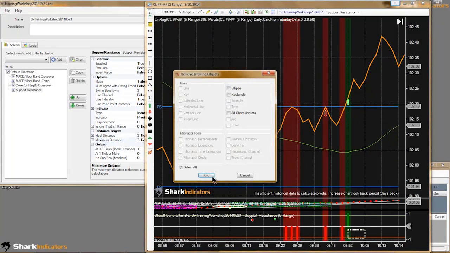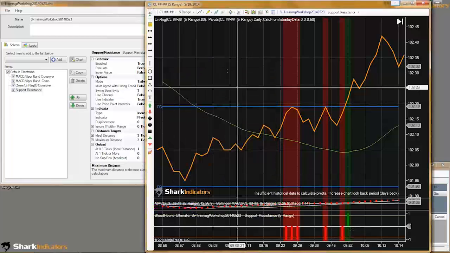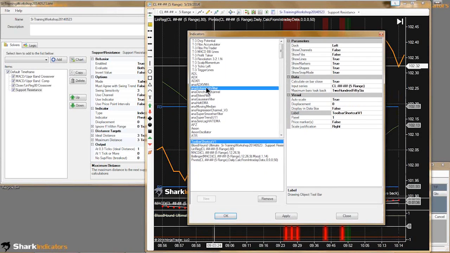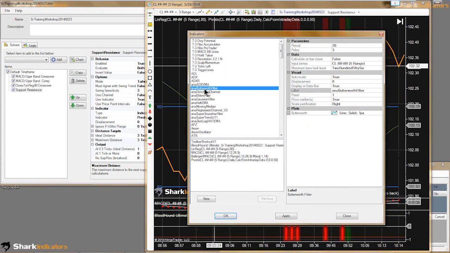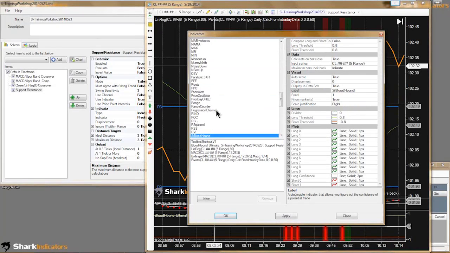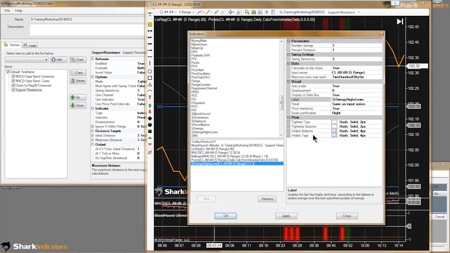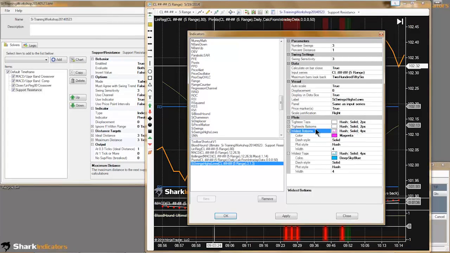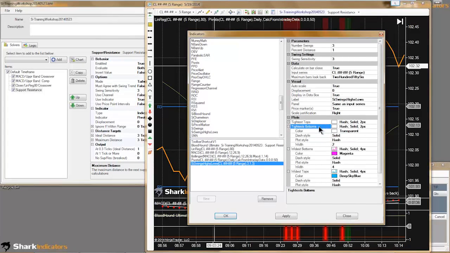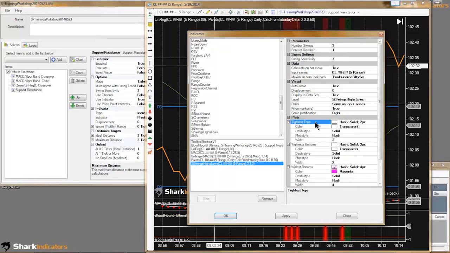Let me clear my chart objects off here. So let's see. I'm going to use the swing high-low indicator, and I'm going to need to turn these tightest plots on.